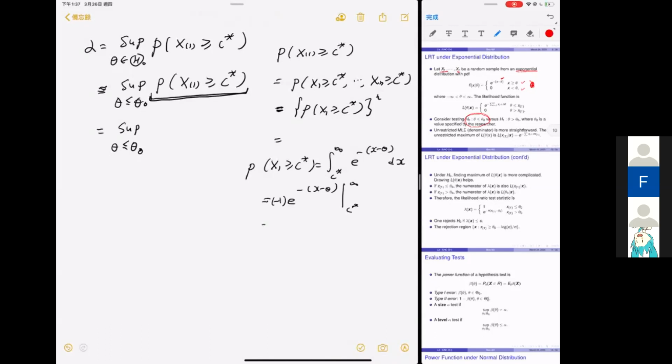By the end of the day, it's got to be exponential minus C star minus theta right here. Yes, switch, then plug in. It's not hard to derive, so I don't take much of my time.